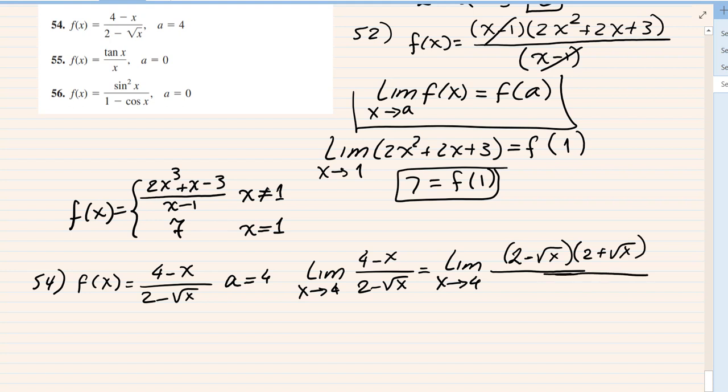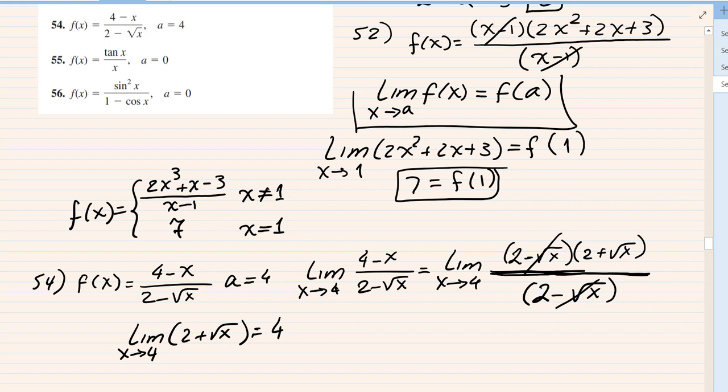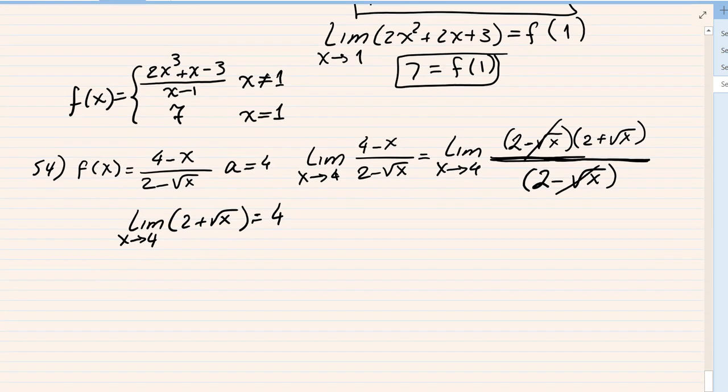Or you can multiply top and bottom by 2 plus root x. But if I just factor the numerator as a difference of squares, these cross out. And we have the limit as x approaches 4 of 2 plus root x. Directly substitute for x, we get the limit is 4, right? So that's what we want to define the function to be.